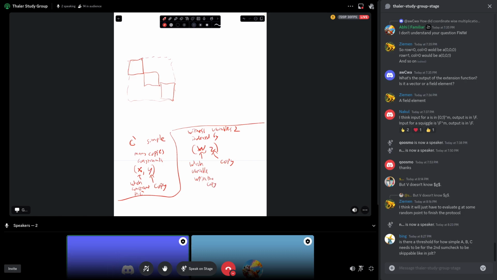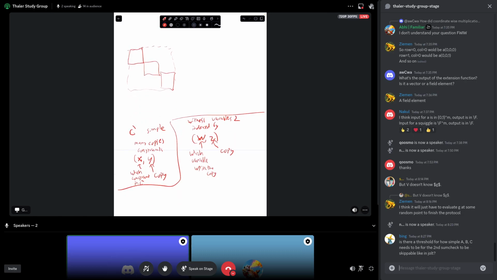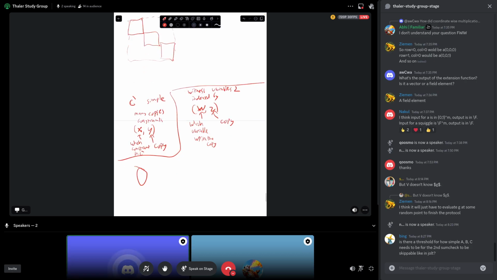Okay, and then the block diagonal structure means two different copy variables just don't interact at all, right? The constraint matrices are zero if Y, the copy for the constraints, does not equal Z, the copy for the variable.